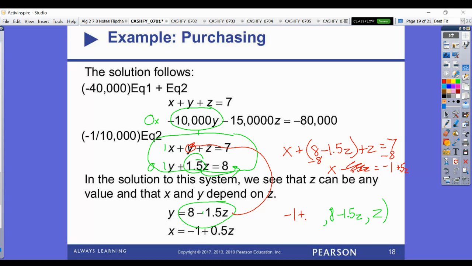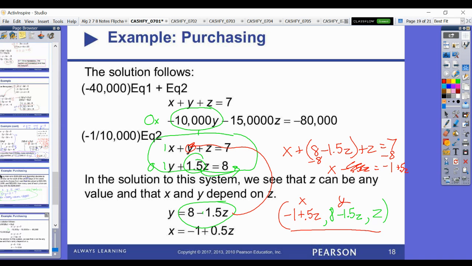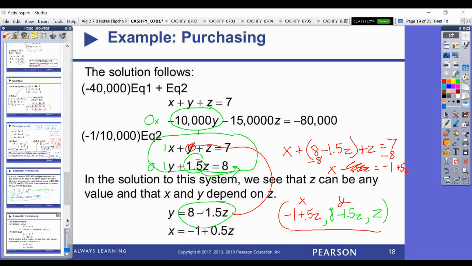No matter what z is, for an infinite number of solutions, once I knew what it was, I could figure out x and y. So I know their relationships. So when you give this answer out, you're giving the relationship, not a specific numerical final answer.